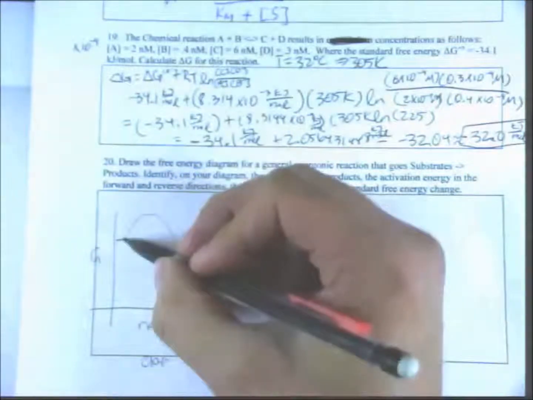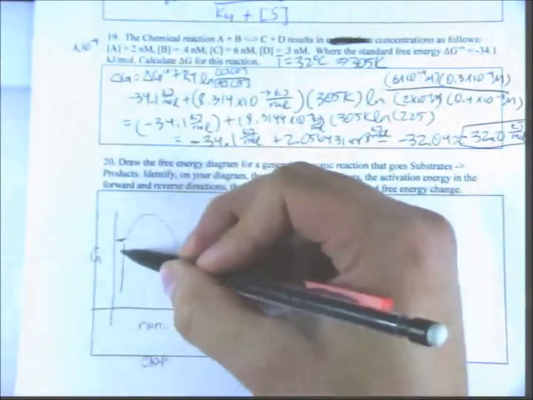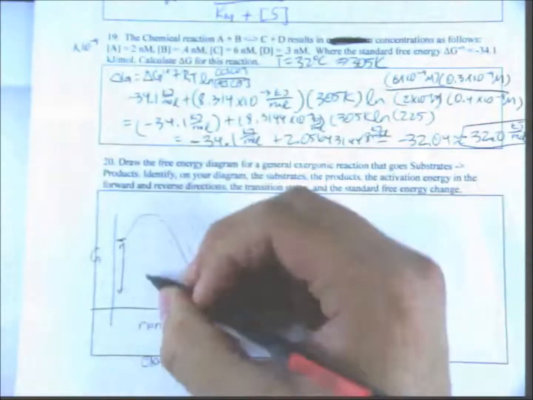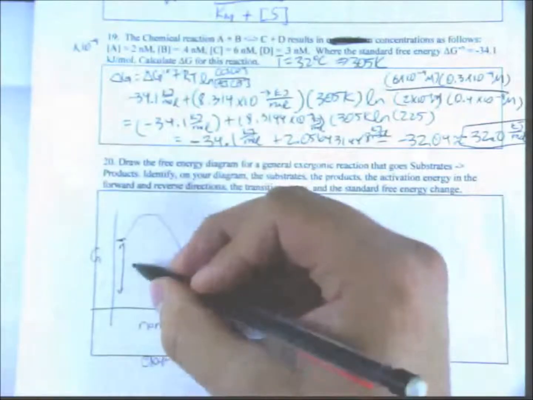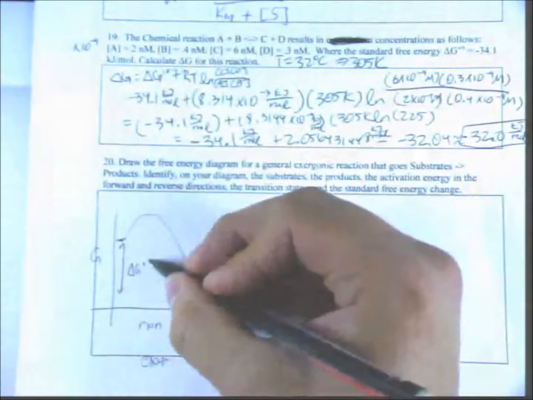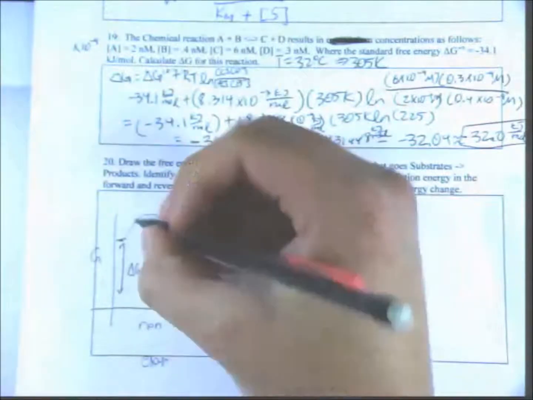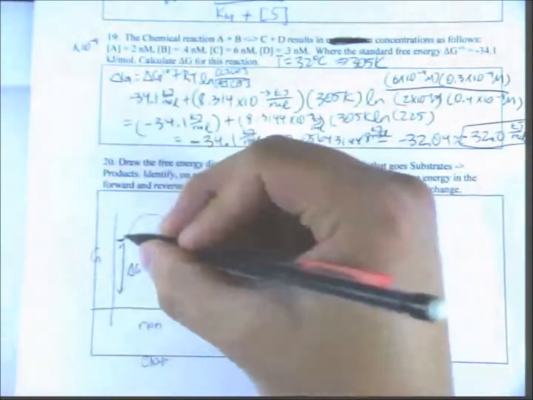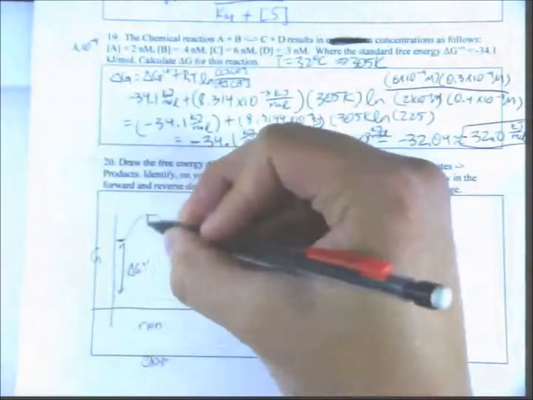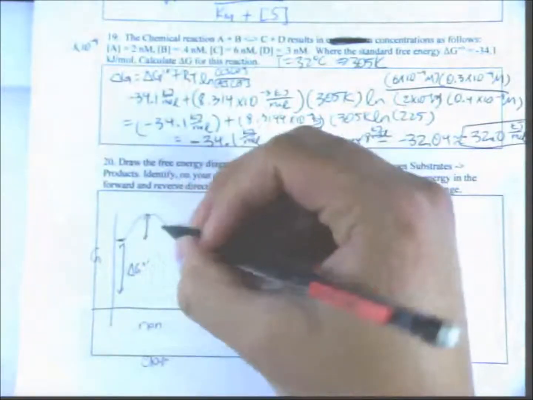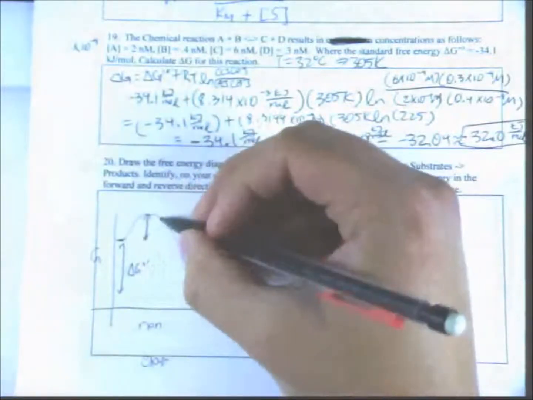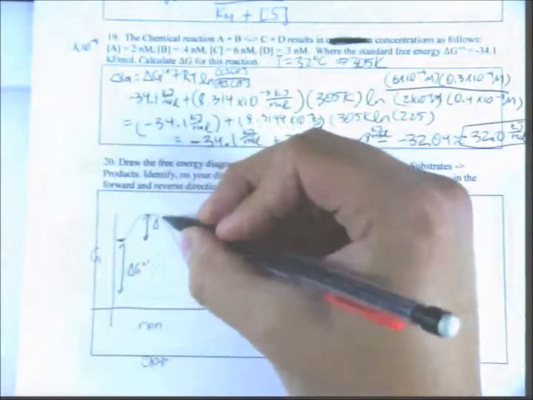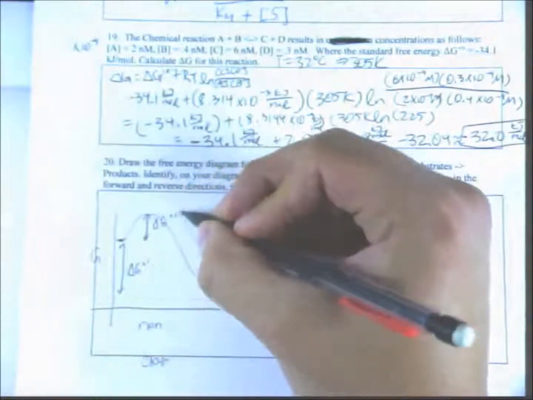The distance from the substrate to the product, right? What is that called? Delta G standard, okay? The distance from the substrate to the top of the activation hill, right? That is called what? Yeah, delta G transition state, okay?